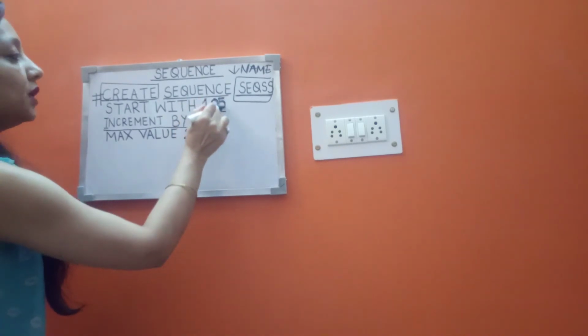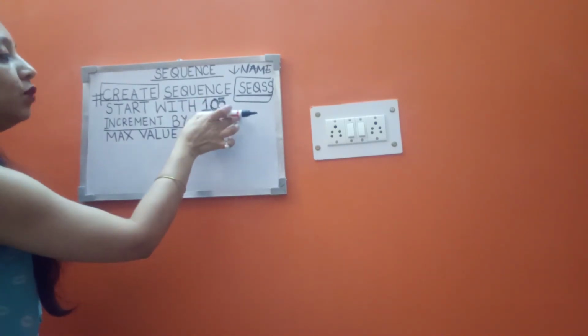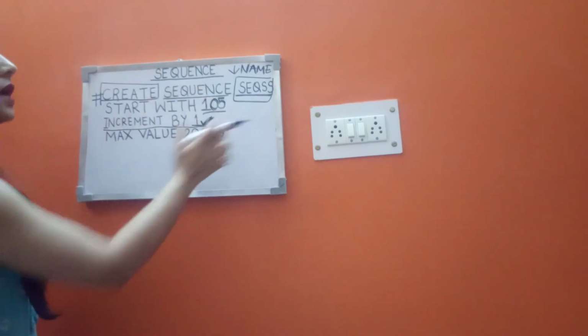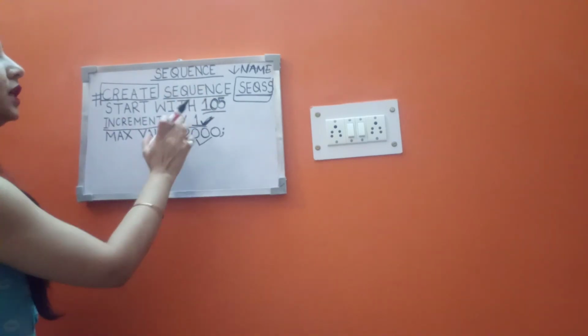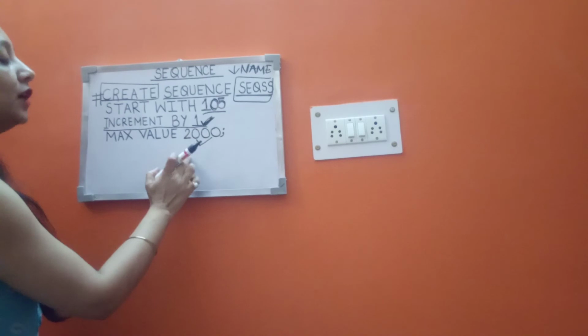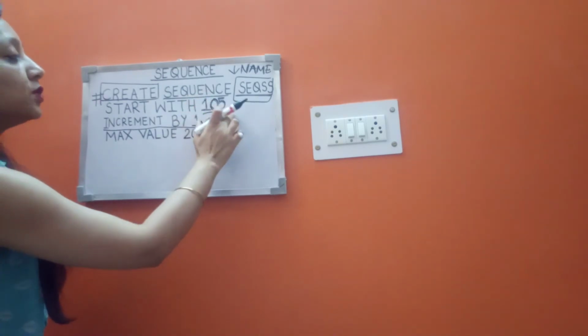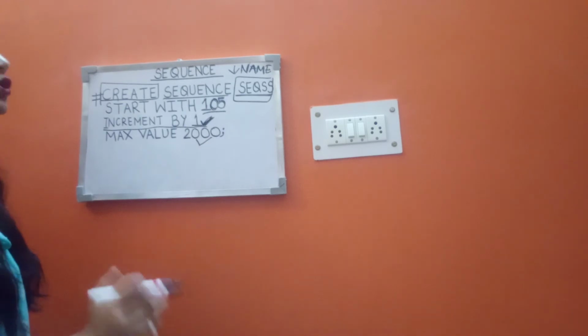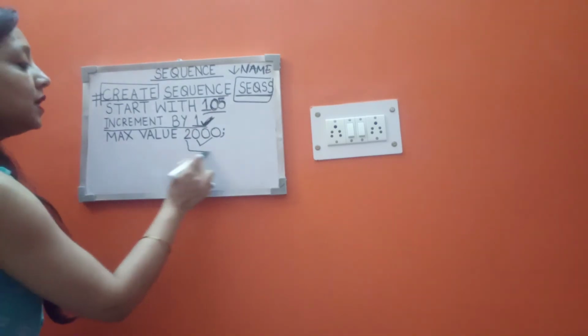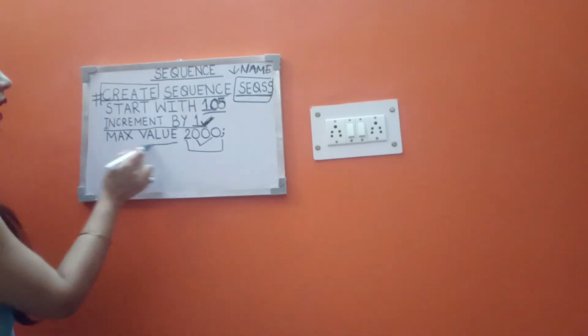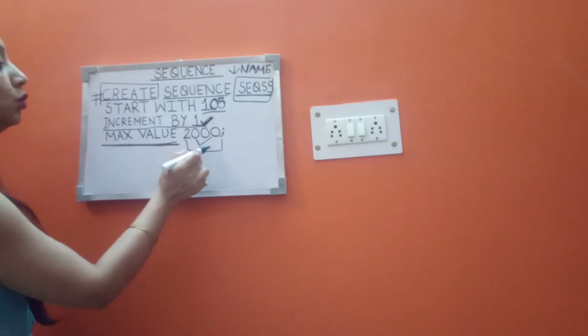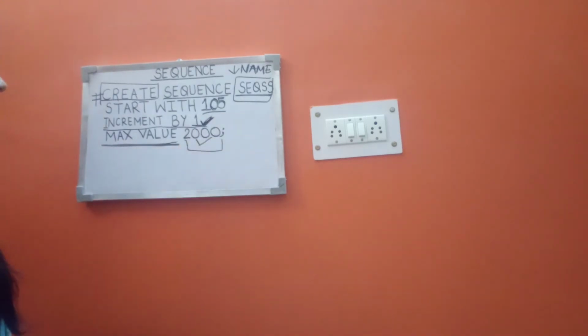The first time it is called, it gives the value 105. The next time it gives 106, then 107 and so on, up till 2000, because I have specified that the maximum value should be 2000.